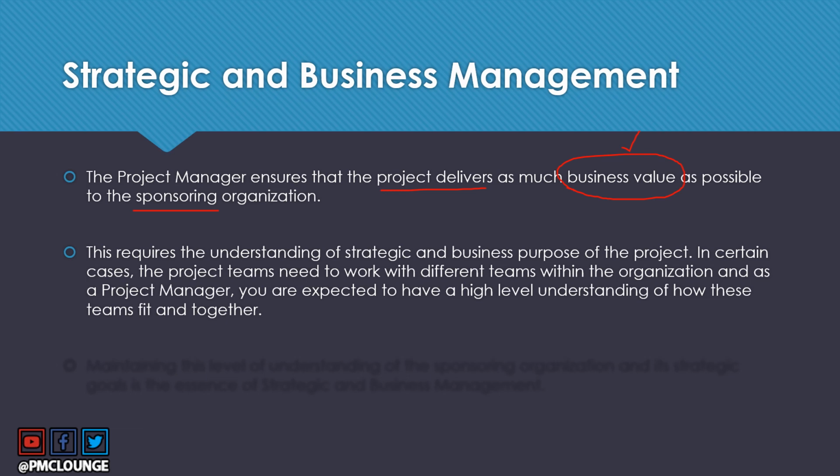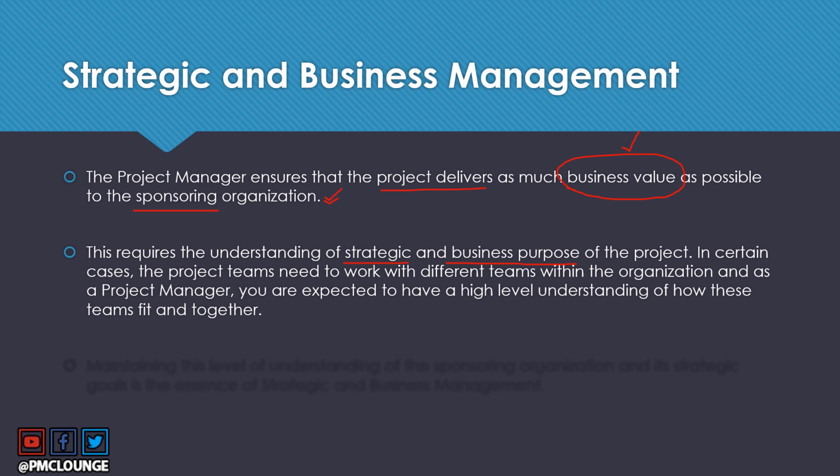This requires an understanding of the strategic and business purpose of the project. So you need to understand the strategic and business goals of the sponsoring organization. Why are they investing money in your project? You need to understand those strategic and business goals, the strategic and business purposes of the sponsoring organization.